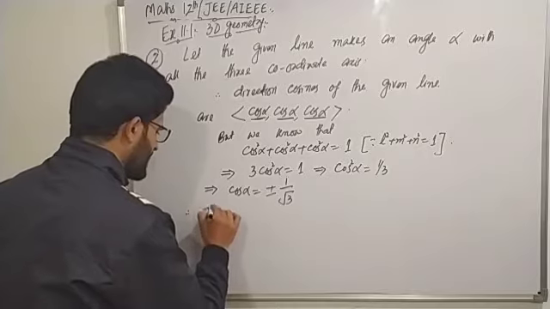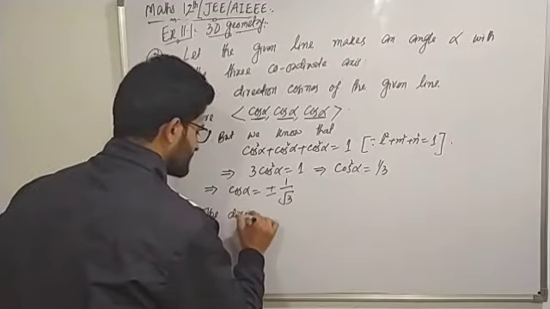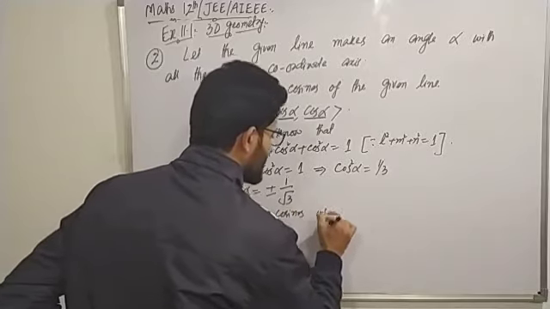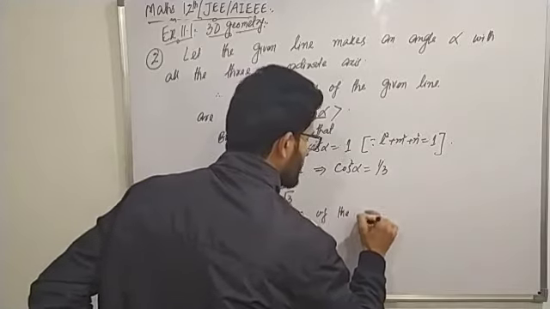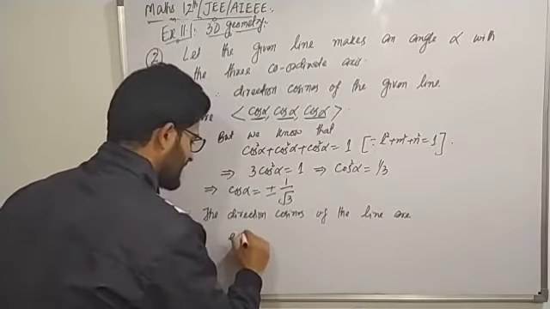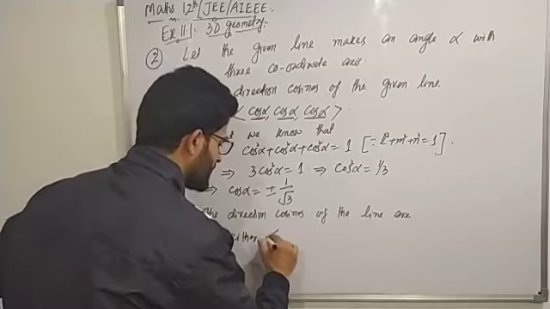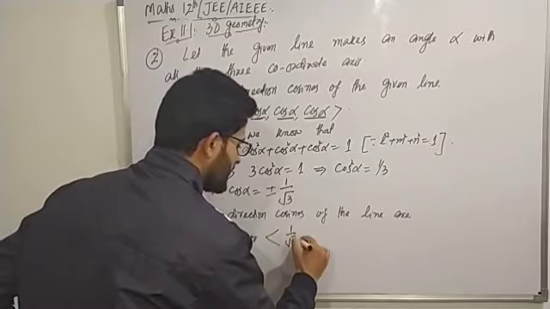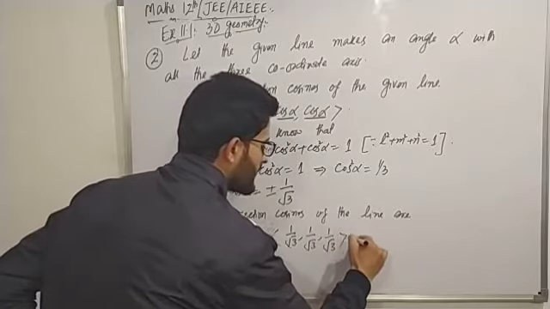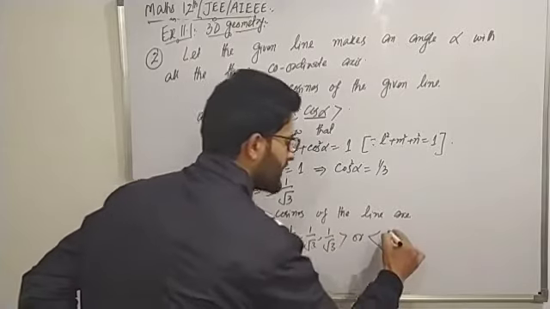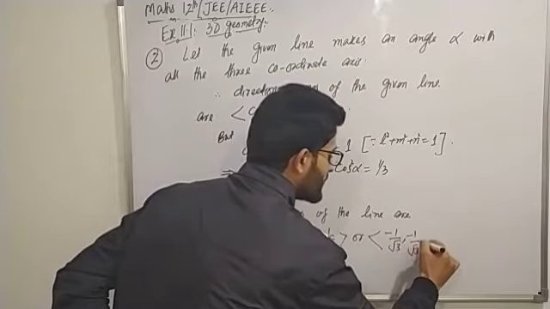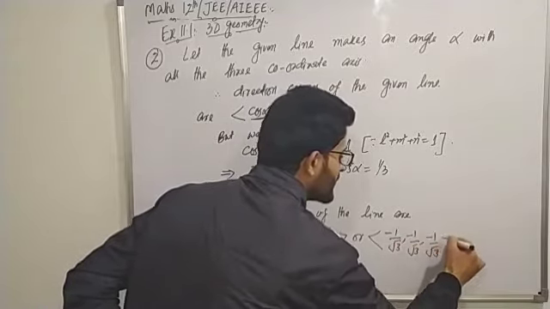Therefore the direction cosinus of the given line are either या इसके डायरेक्शन कोसाइन होंगे यस ऑर्डर 3 टपल ऑफ 1 by square root 3, 1 by square root 3, 1 by square root 3, और या इसके डायरेक्शन कोसाइन होंगे ऑर्डर 3 टपल ऑफ माइनस 1 by square root 3, माइनस 1 by square root 3, माइनस 1 by square root 3.